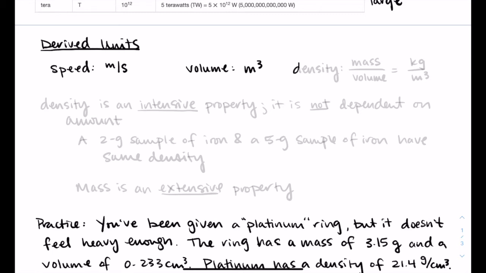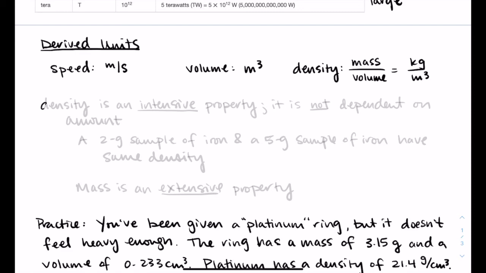And density, which we are going to use right away as an example. Density is also a derived unit, right? It is mass over volume. So something like kilograms per meter cubed would be a density unit. That is a derived unit.